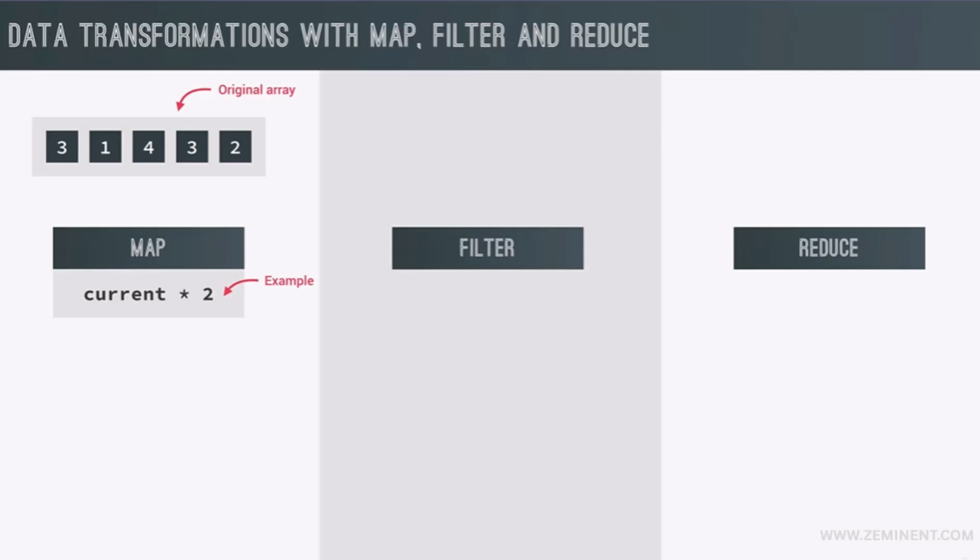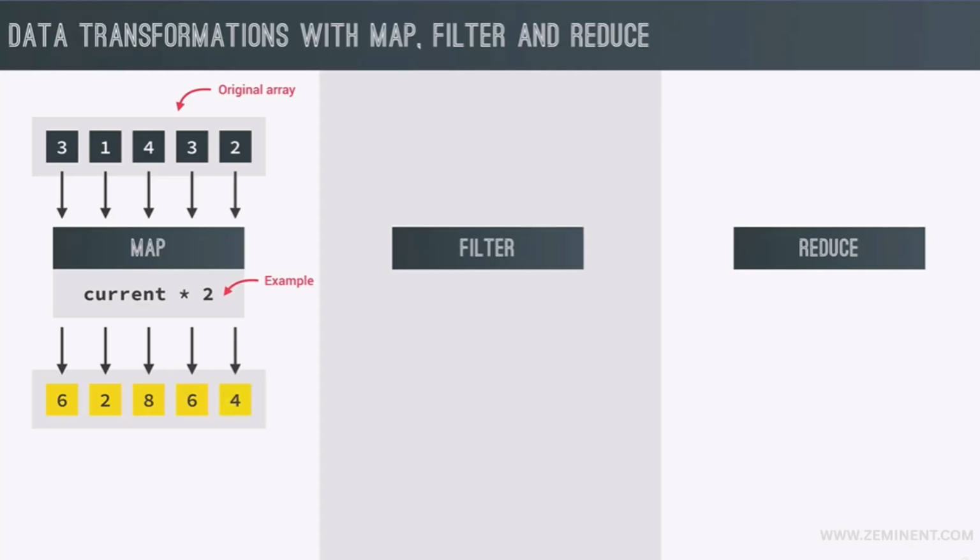And with this callback in place, the map method multiplies every single element by 2 and puts it into a new array. We say that it maps the values of the original array to a new array, and that's why this method is called map.